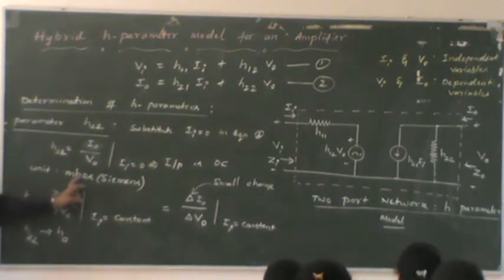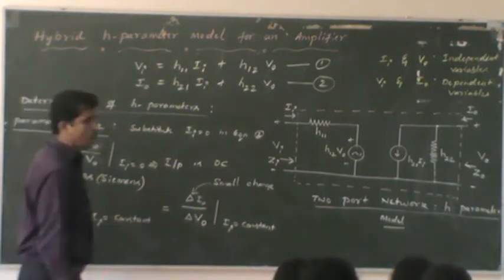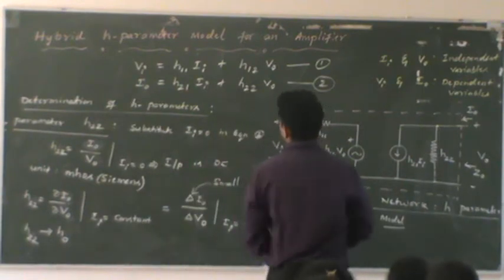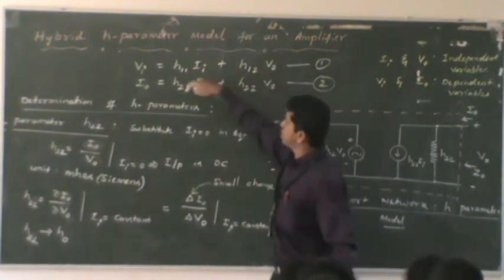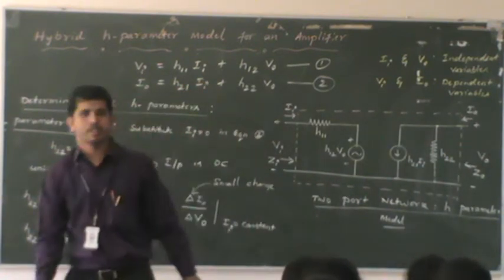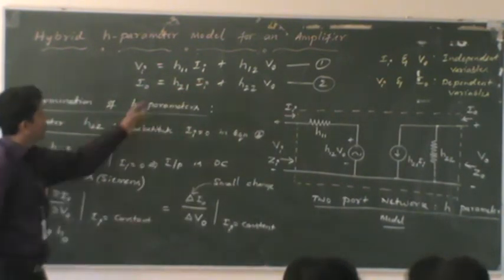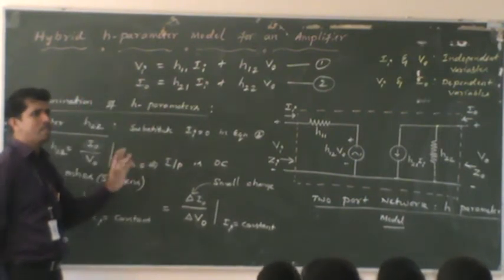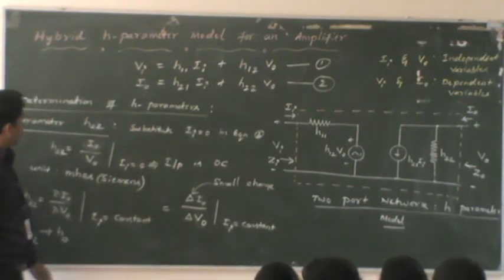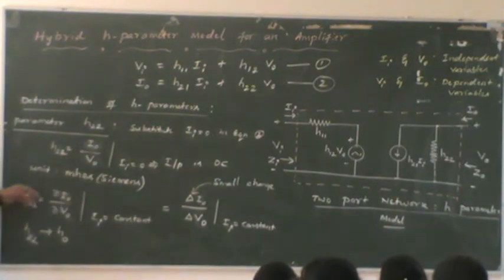It has got a unit. Among the four quantities, we can see that H11 and H22 have units, but H12 and H21 are dimensionless quantities. That's why these are called hybrid parameters, a mixture of dimensional and dimensionless quantities. So that's the definition for H22.